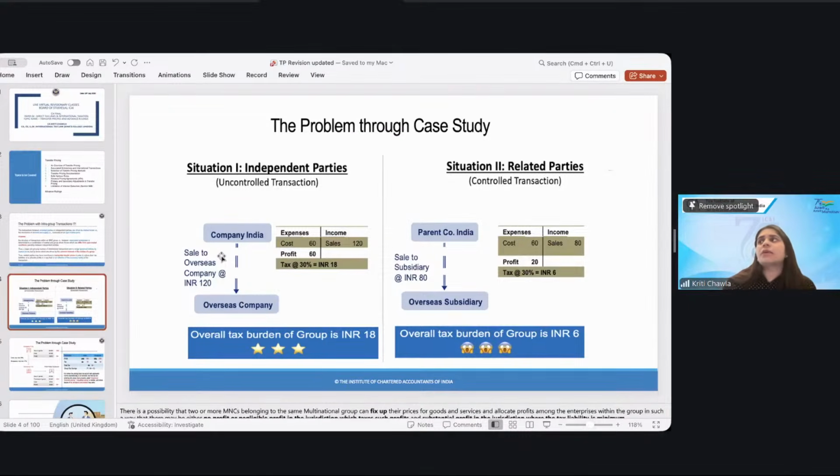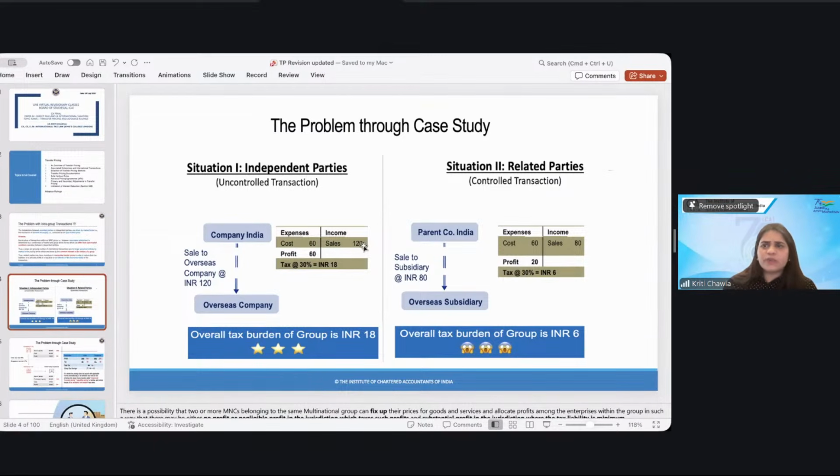This company is manufacturing pens and selling them to an overseas company. Let's say that the cost of manufacturing these pens is 60 rupees. Because these two companies are not related to each other, they decide that they're going to sell the pens to the other entity at 120 rupees.